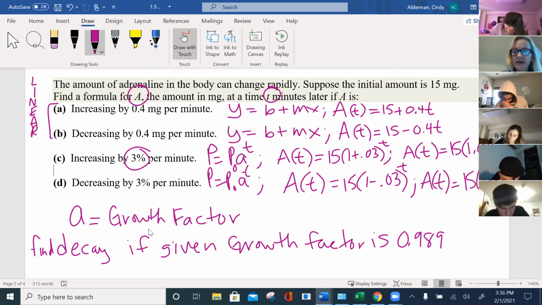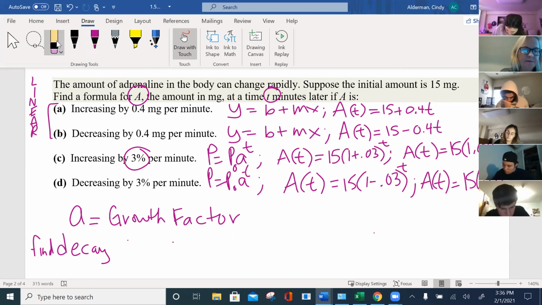Well, to find the growth factor, what you'd have to do, no, sorry, I don't mean to say growth, find decay, that's not what I mean to say, sorry. Let me start again.